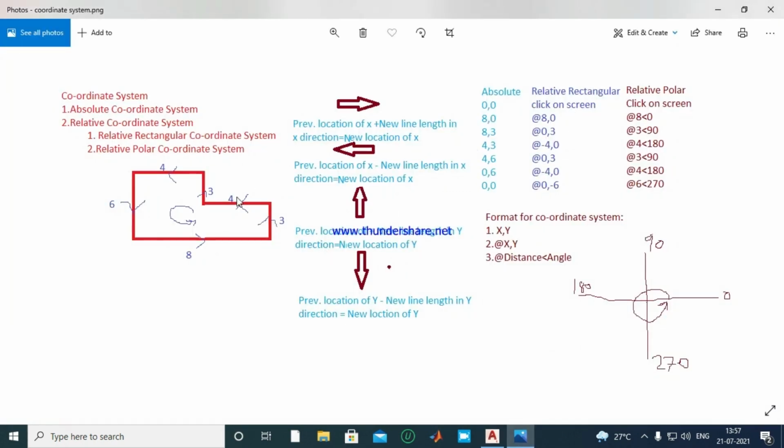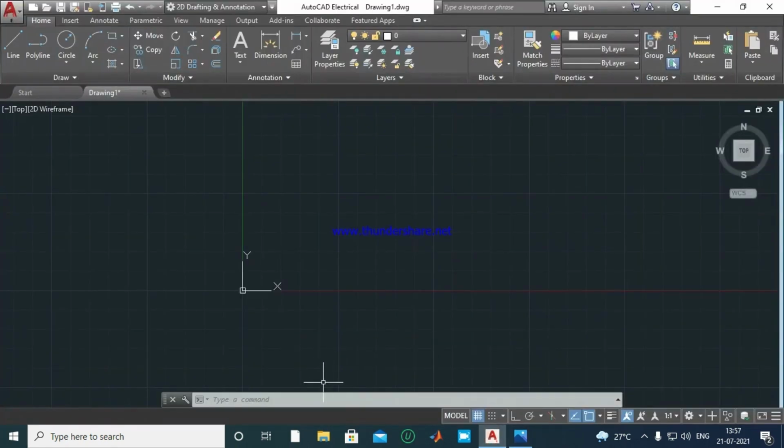The format for drawing is x, y. You have to give the x and y location for drawing the object. I am going to draw this object in this direction. So let's start with that.